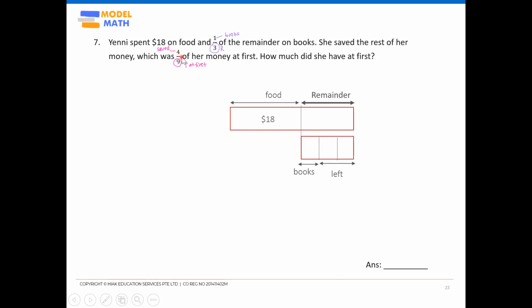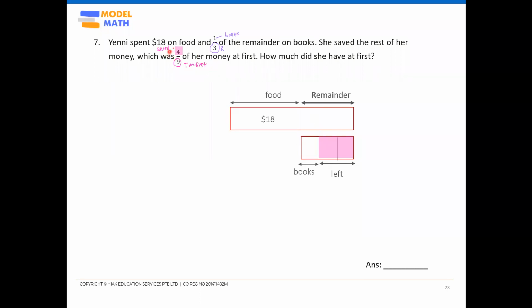If we notice, this 4 and this 2 are referring to the same thing. Let me just highlight that. This is the save, correct? From the fraction, this 4 units represents the savings. And at the same time, from my model, this is also referring to her savings.